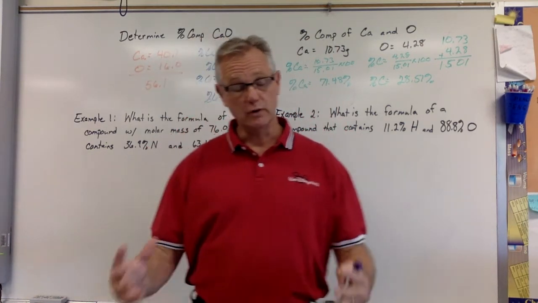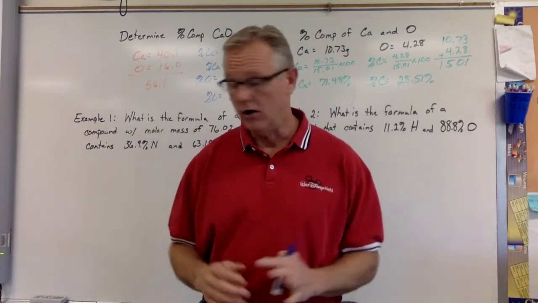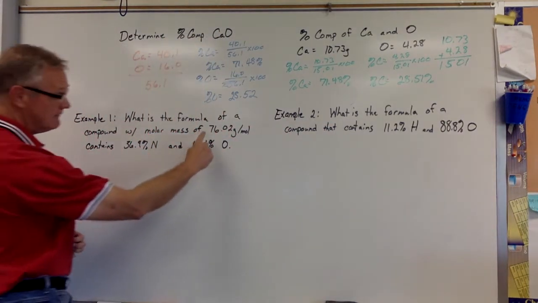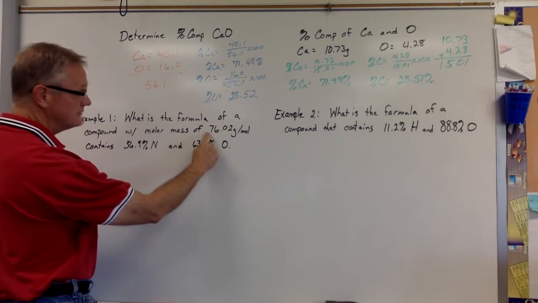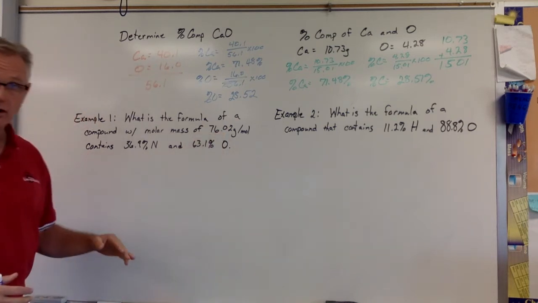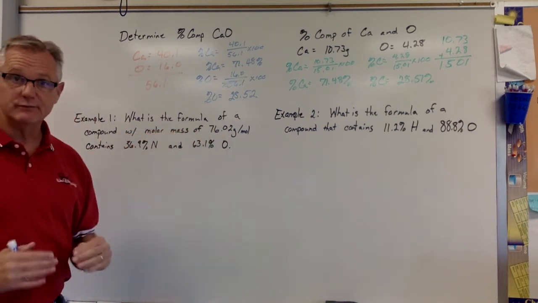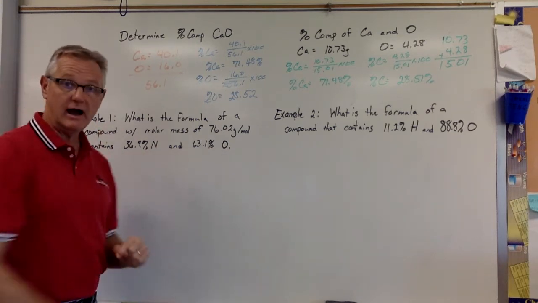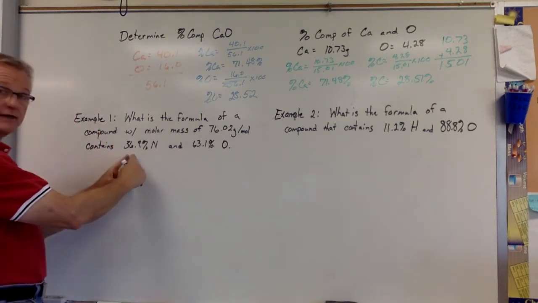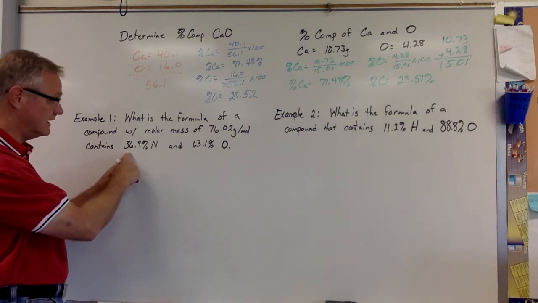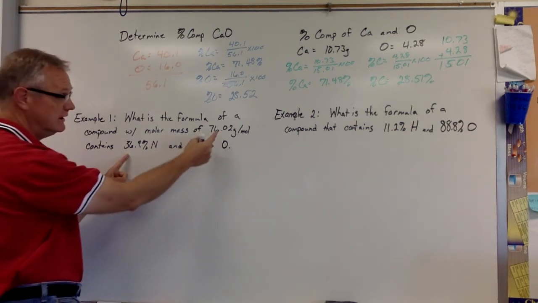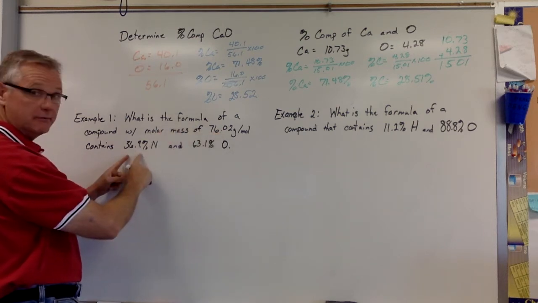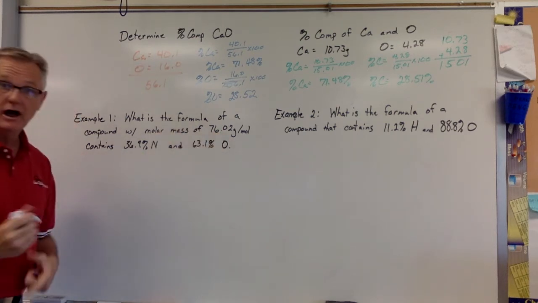So we're going to go back and start putting all of this together. In this one, I know that I have a total molar mass of 76.02. If I know that 76.02 is the mass of both my nitrogen and my oxygen, and I have the percentages of nitrogen and oxygen, I can determine what mass of that 76.02 is made up of nitrogen and what's made up of oxygen.